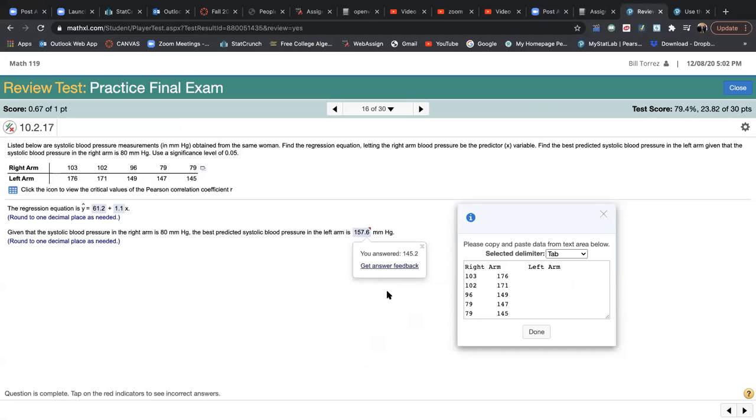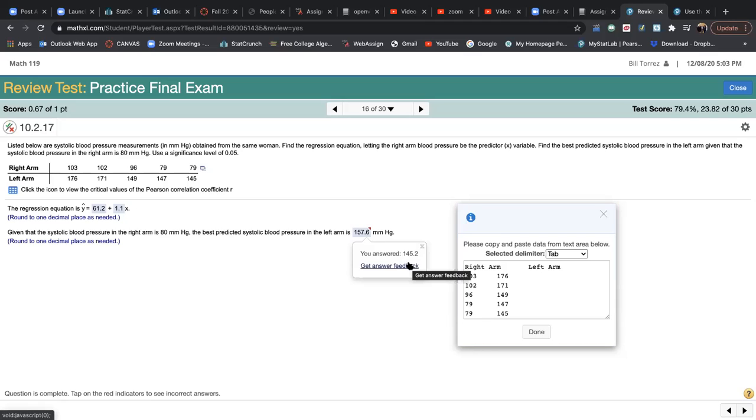So the predicted systolic pressure given here is 157.6. The answer that was given by the student was 145.2. We calculated 149.2.